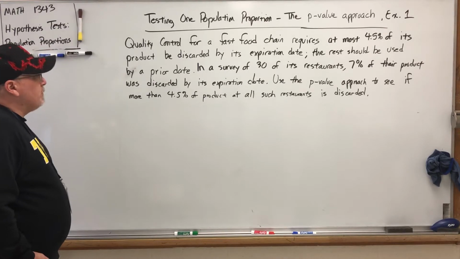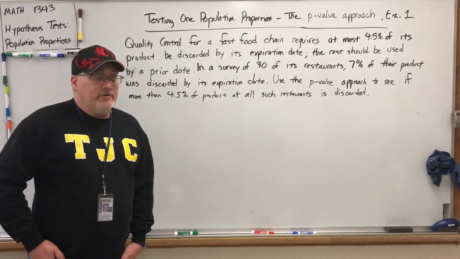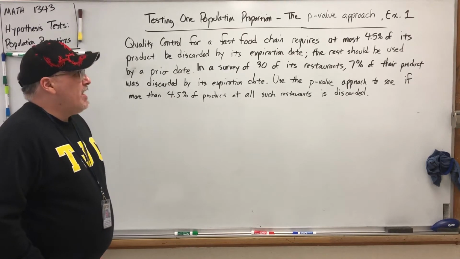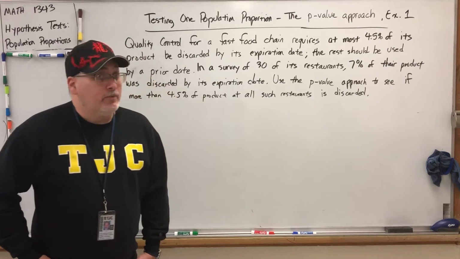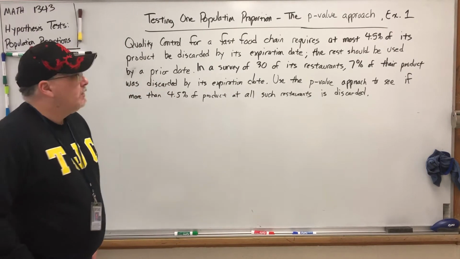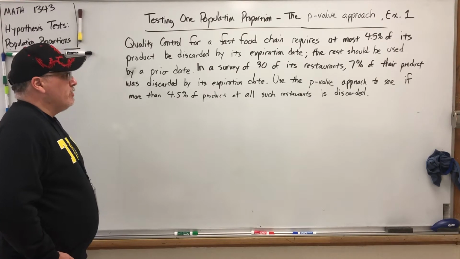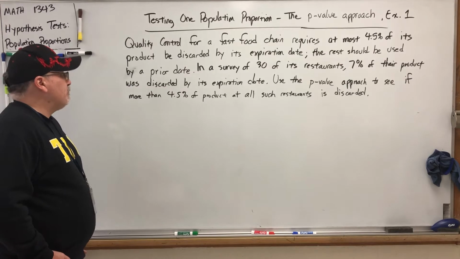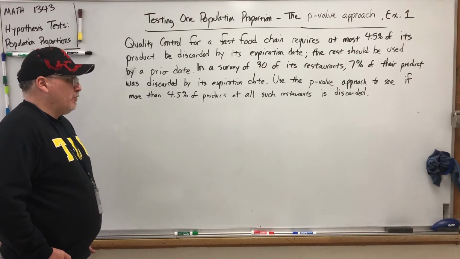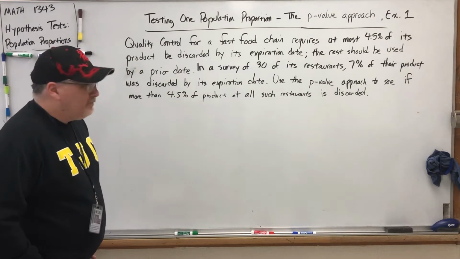Let's take a look at this problem, and then I'll explain what the difference is between the p-value approach and the critical value approach. And by the way, the P in p-value stands for probability. Quality control for a fast food chain requires at most 4.5% of its product be discarded by its expiration date. The rest should be used by a prior date.